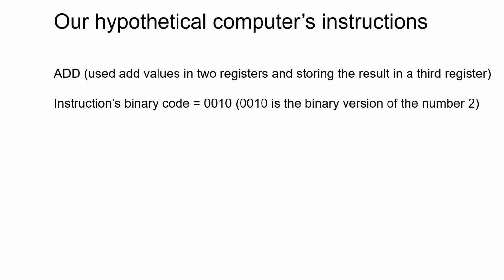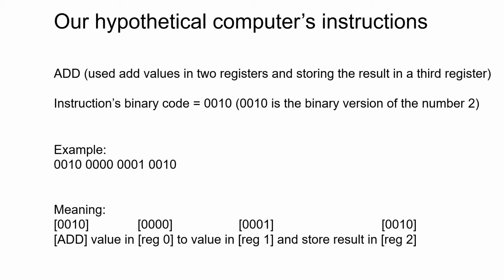So what would an add instruction look like? It looks something like this: 0010, 0000, 0001, 0010, which would mean the first 4 bits, or the first nibble, if you remember from the previous lesson, represents the command, which in this case is add.